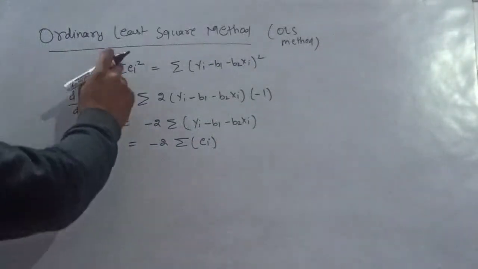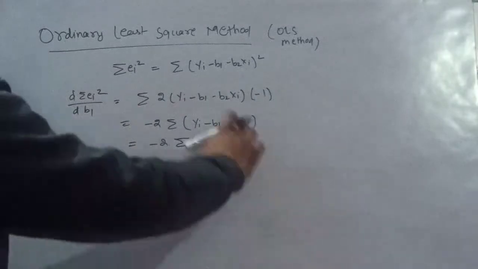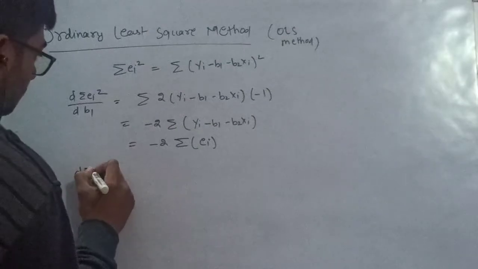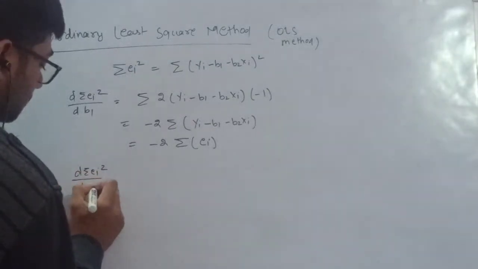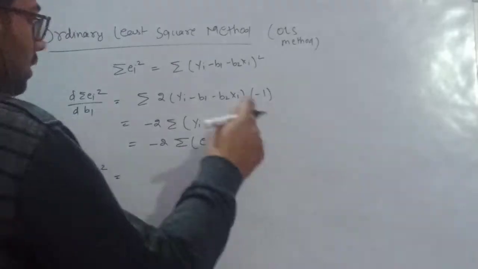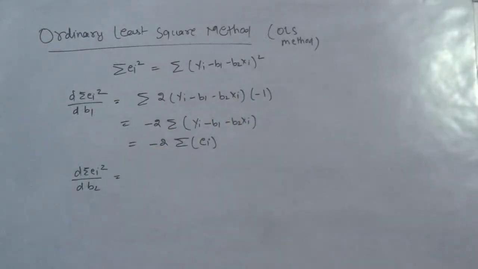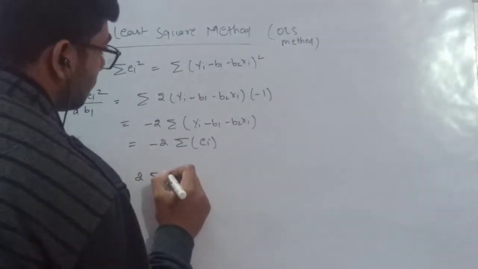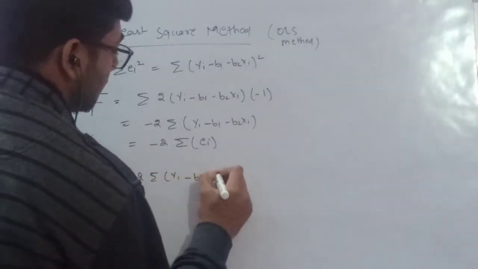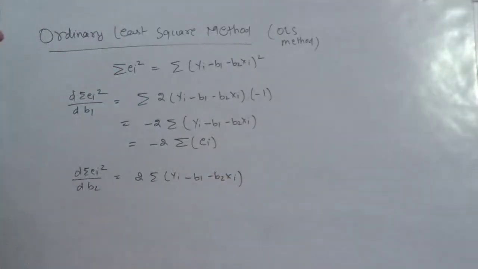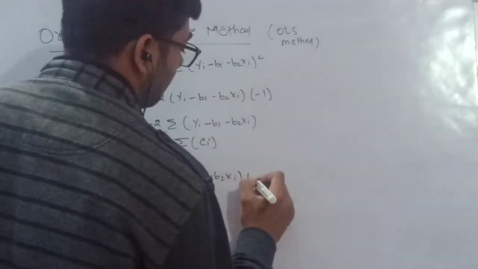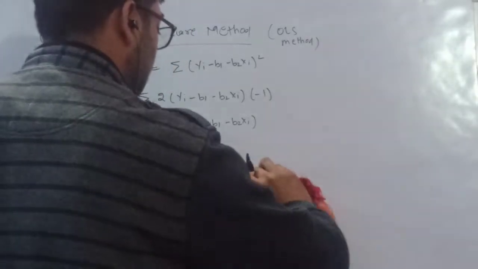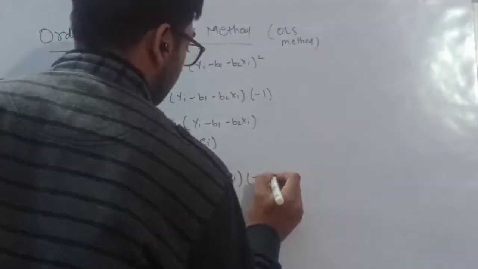Now differentiate the summation of ei square with respect to b2. Now I do it directly: 2 summation of (Yi minus b1 minus b2 Xi) and minus Xi.